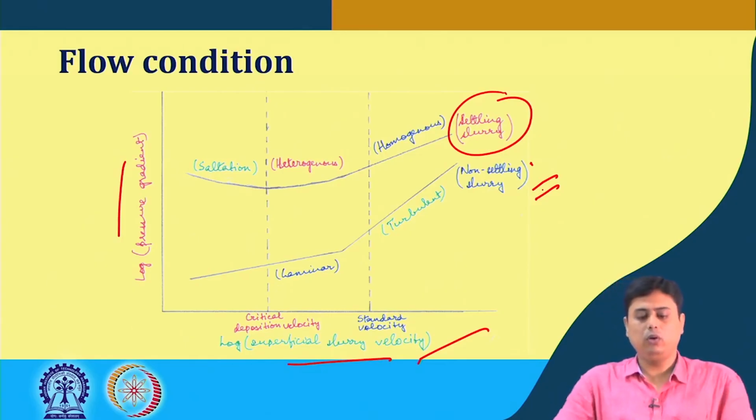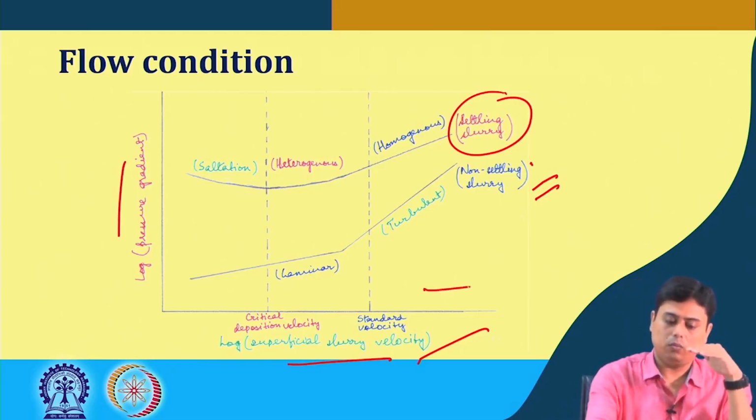By now we know the settling slurry means the particles settle at the bottom. In such a case, say the flow is happening, and we start from a high velocity.